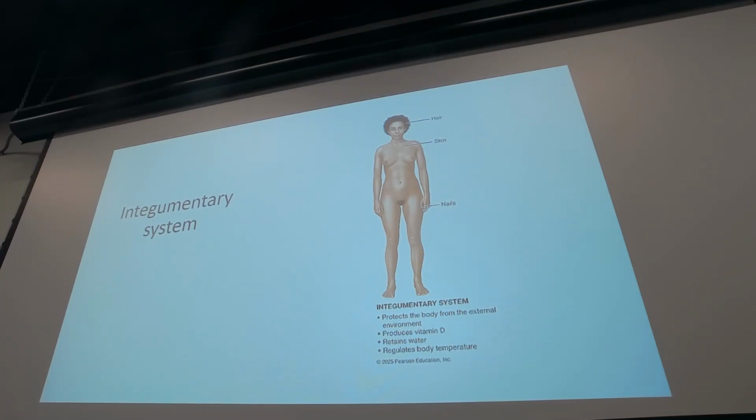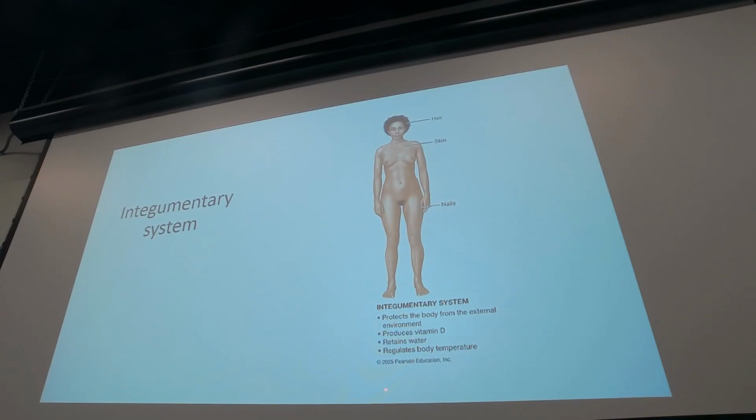The integumentary system is made by the skin, which is the largest organ that we have in our body. Also, accessory structures like the hair and nails. Functions: protection. So this system protects us from microbes that we have in the environment by providing a physical and chemical barrier.